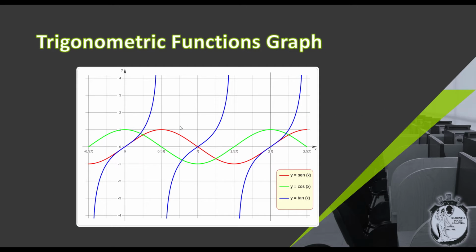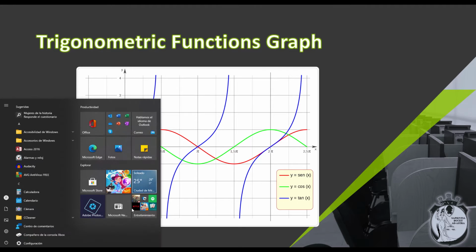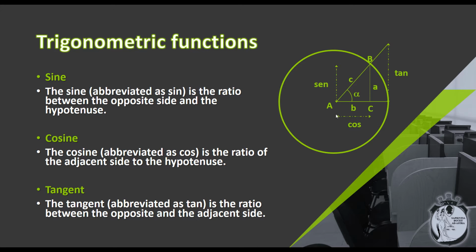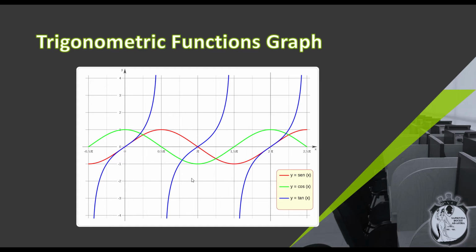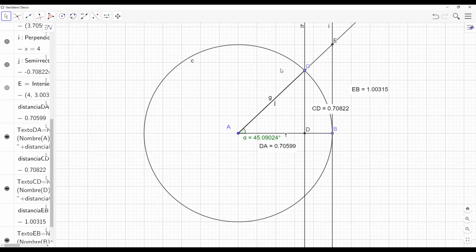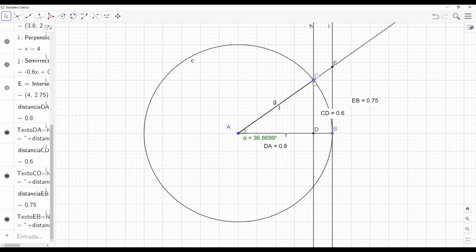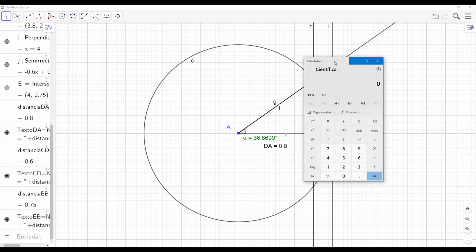This is the graph or chart for the trigonometric functions. I would use GeoGebra to define that. If you remember that chart, to get the values of the sine, cosine, or tangent, I will use the calculator for that.